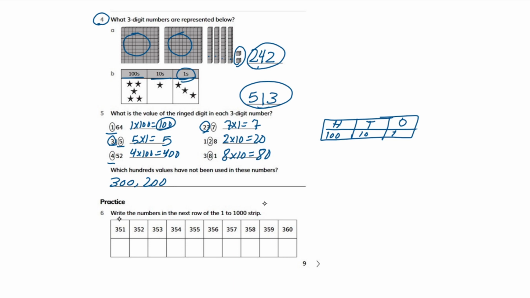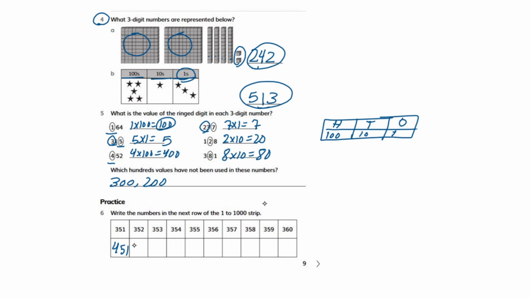Question number 6 is asking us to practice. It says, write the numbers in the next row of the 1 to 1000 strip. If the number above is 351, as I explained in the beginning, the number under it will be 451.